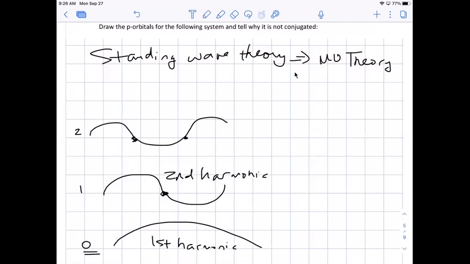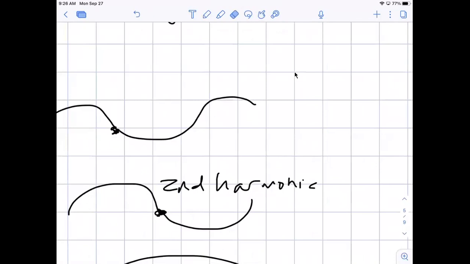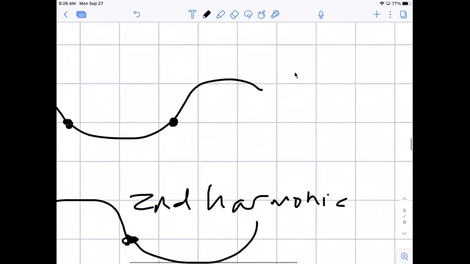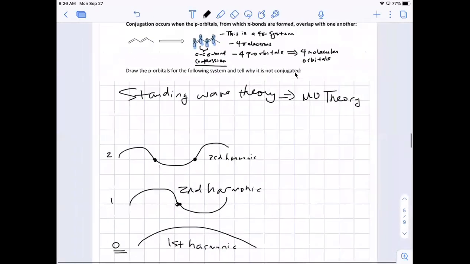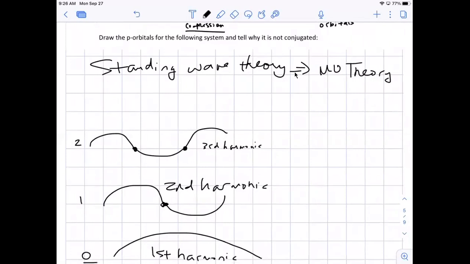Let me fix those nodes. All right, so this is the third harmonic. I'm only going to go up to 4 because that's what we're going to apply to our 4-part system. And then in the fourth harmonic, the wave is going to pass through 0 3 times.